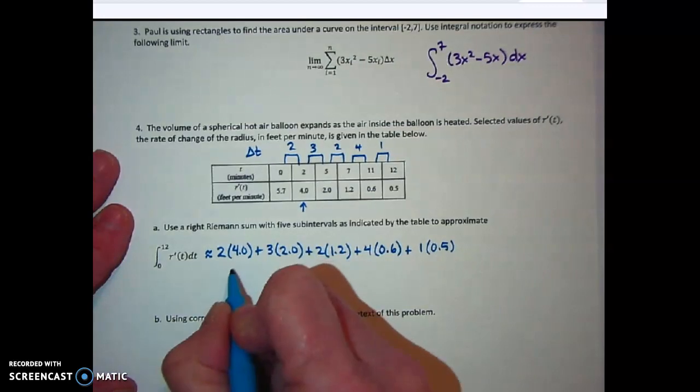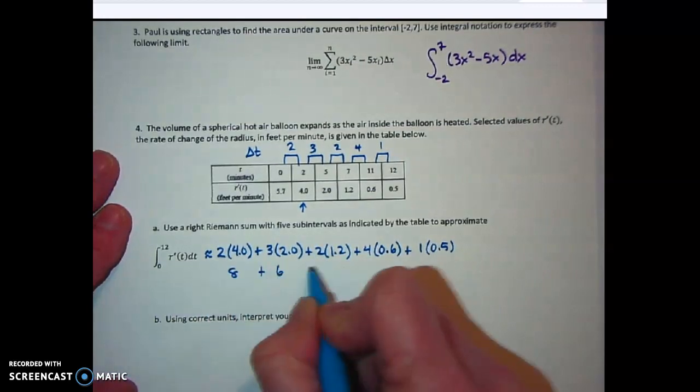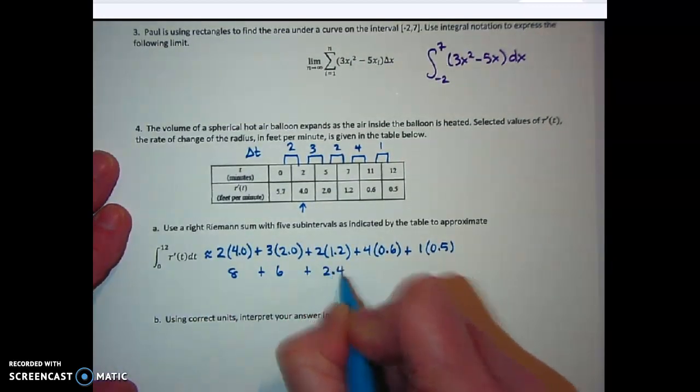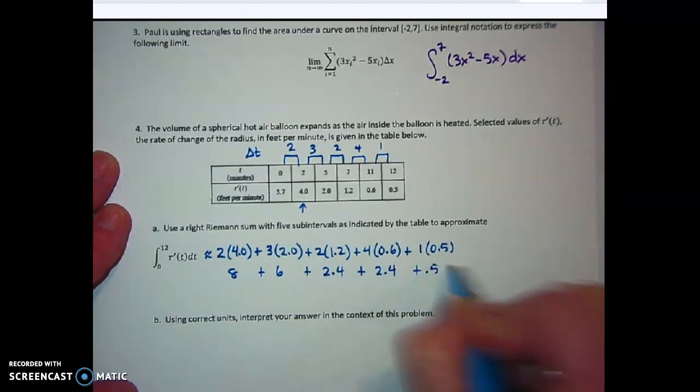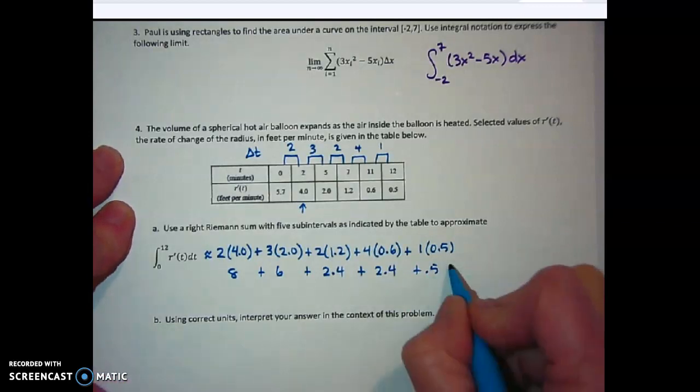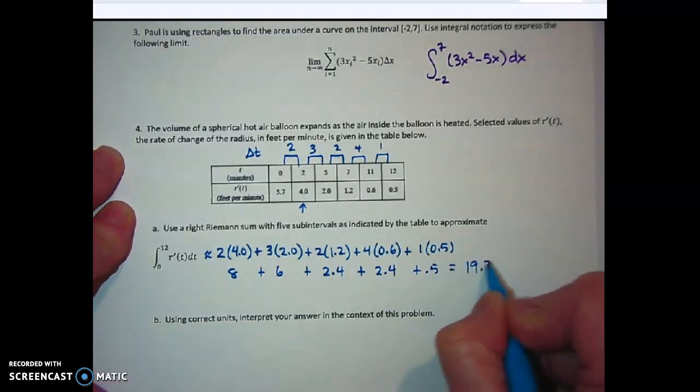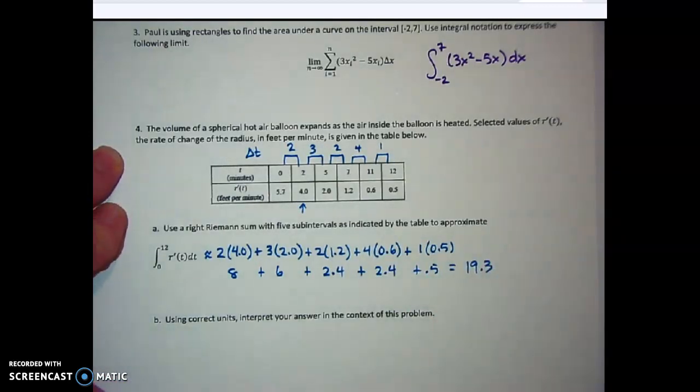Now if we do this math, we have 8 plus 6 plus 2.4 plus 2.4 plus 0.5. And if we add all this up, we get 19.3.